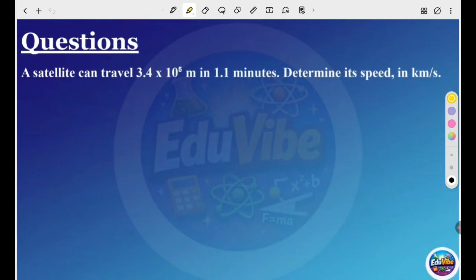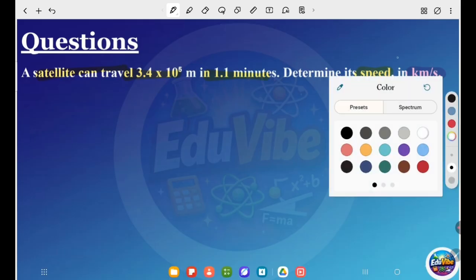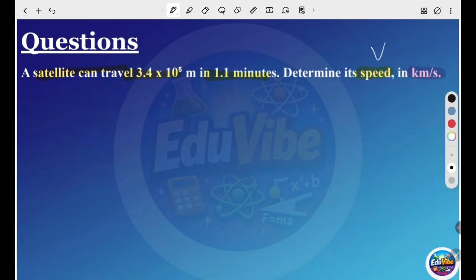Here we have an example for the formula. They tell us that the satellite can travel 3.4 times 10 raised to power 5 meters in 1.1 minutes. Determine the speed in kilometers per second. We have to calculate the speed, and speed's other symbol is v.